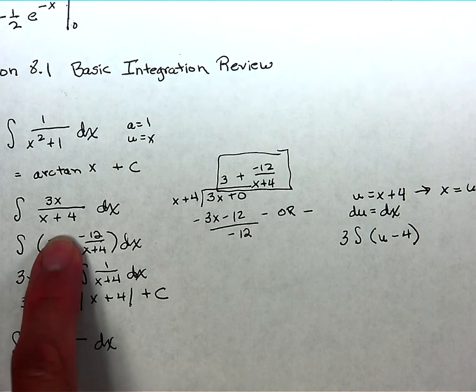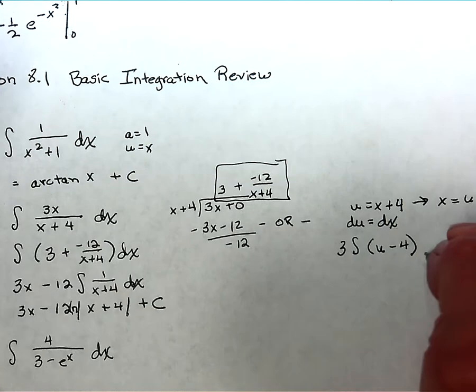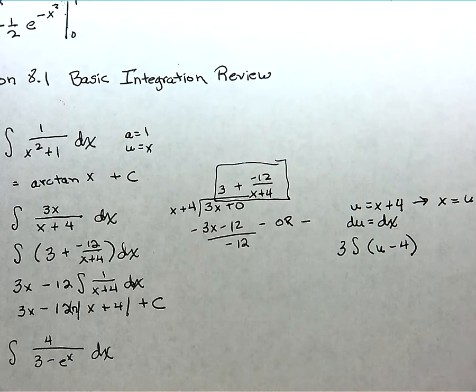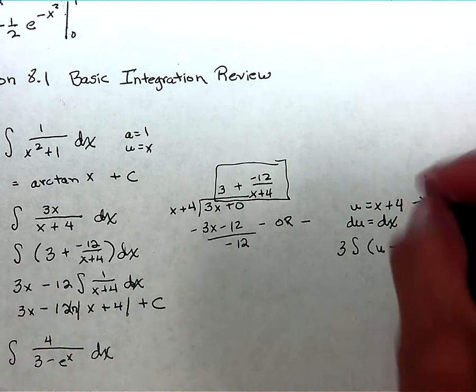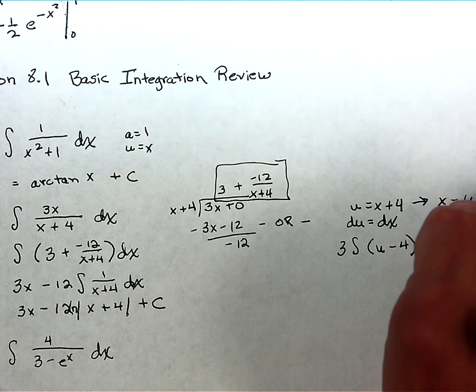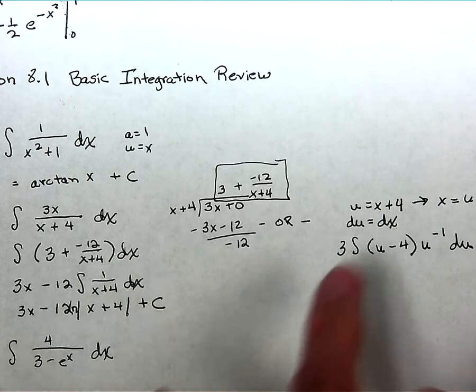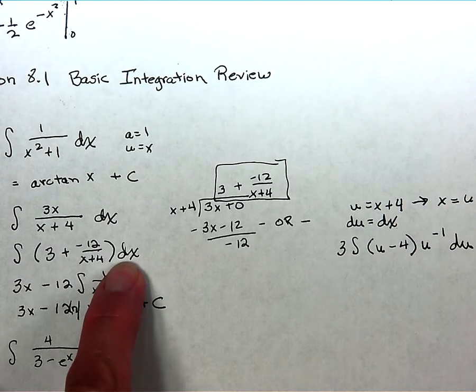If I don't want to write it as a fraction, it would be u to the negative 1 du, because du is the same as dx.